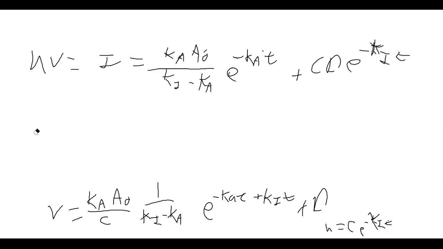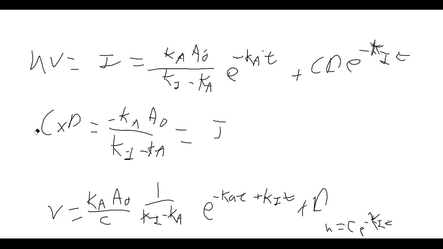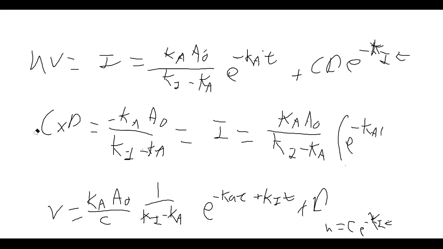So c times d. If c times d is equal to negative ka a0 over ki minus ka, then we can say that I is equal to ka a0 over ki minus ka, times e to the negative ka t minus e to the negative ki t.